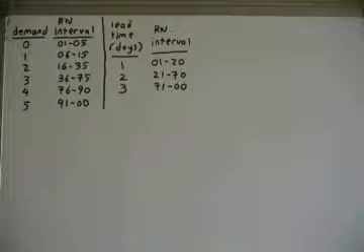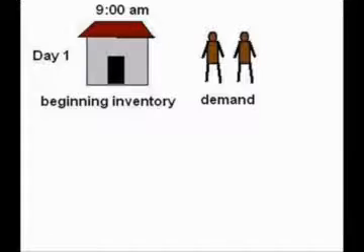To get the subheading, we have to understand what happens when the store sells the drills from day to day. On day 1, the store opens for business in the morning. The number of drills the store has is the beginning inventory. If there are customers who want to buy the drills, there is a demand. The store then sells the drills.